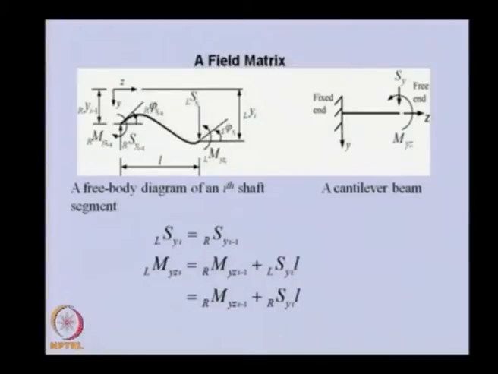So basically, if we want to see the ith shaft, this is the ith shaft. Here we have the ith disk, and here we have the (i-1)th disk.